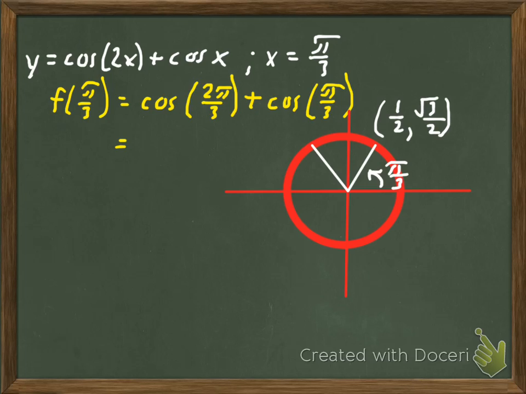And then of course at 2 pi over 3, it's negative 1/2, comma, square root of 3 over 2. So, cosine of 2 pi over 3 is negative 1/2, and the cosine of pi over 3 is positive 1/2. And so you get 0 for the y-coordinate for the point of tangency.